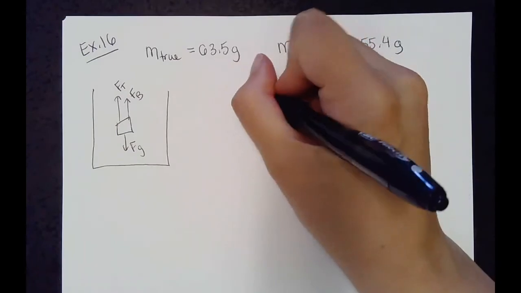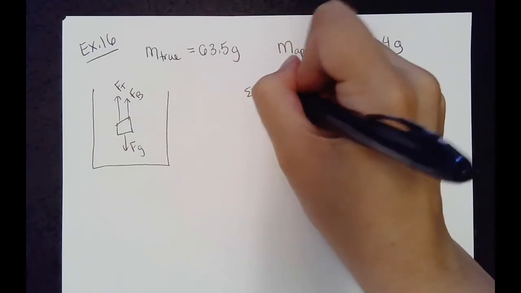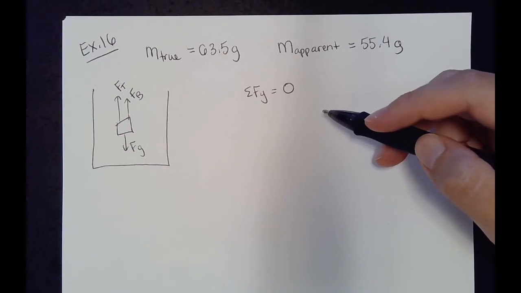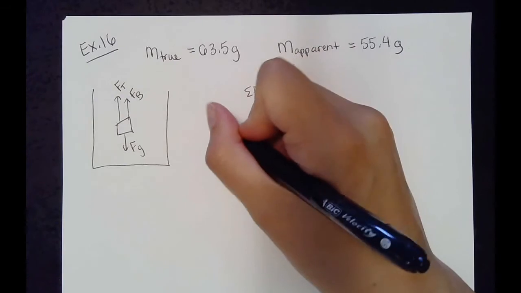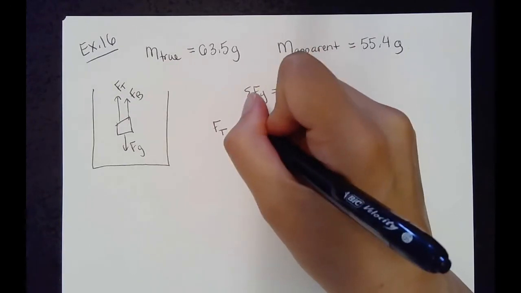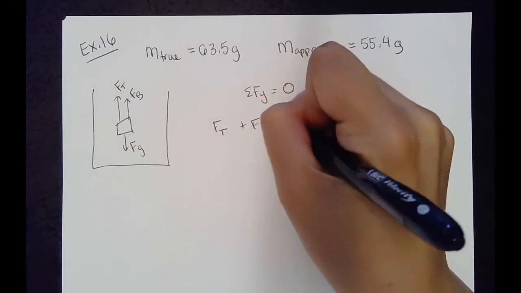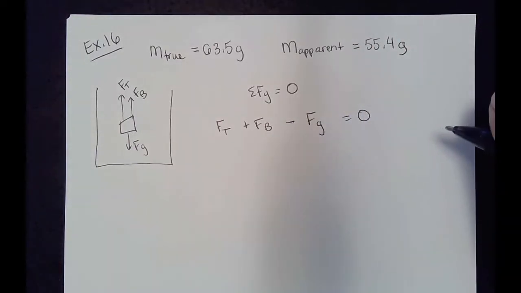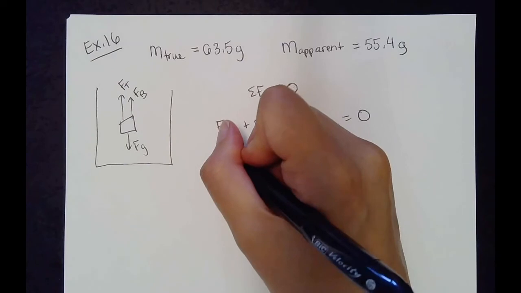So we have the sum of the y forces equals 0. We'll try to find the volume again so that we can find the density, and this time use the density to identify the metal. Okay, so Ft plus Fb minus Fg equals 0. Ft is the apparent weight.